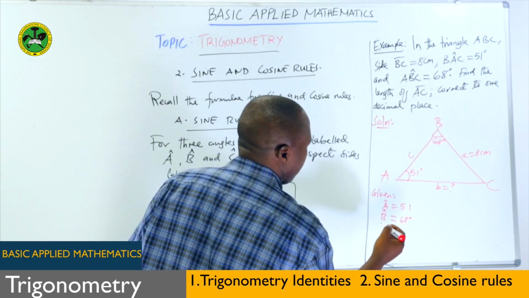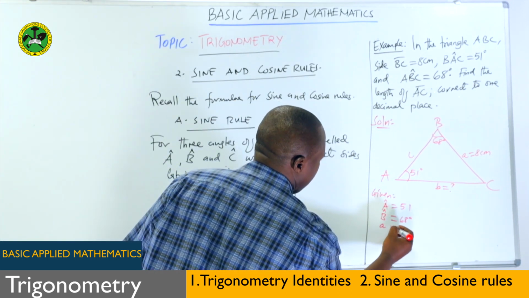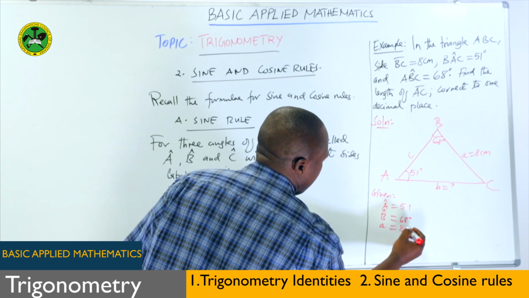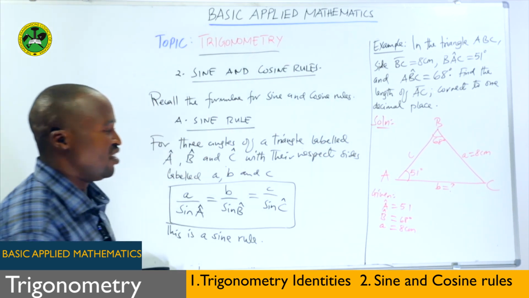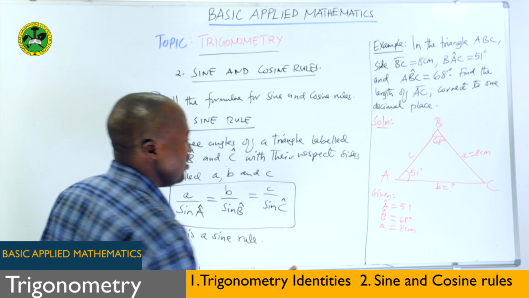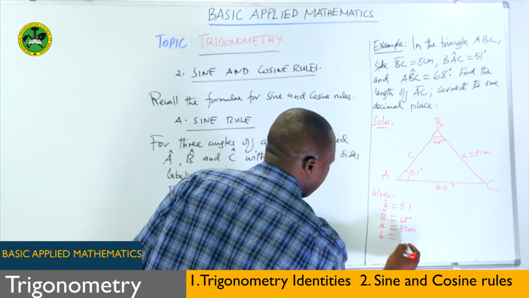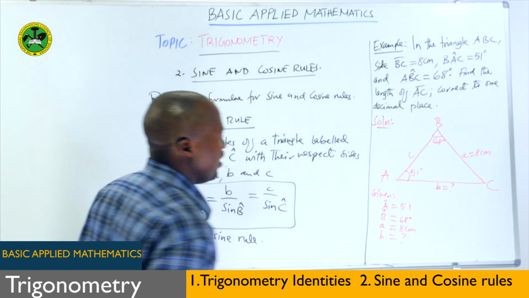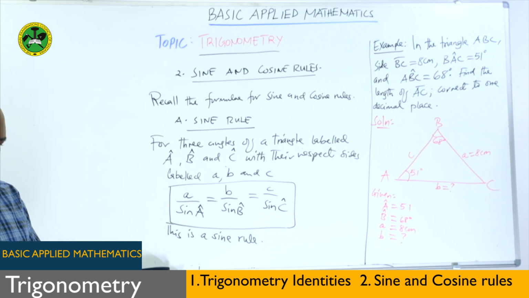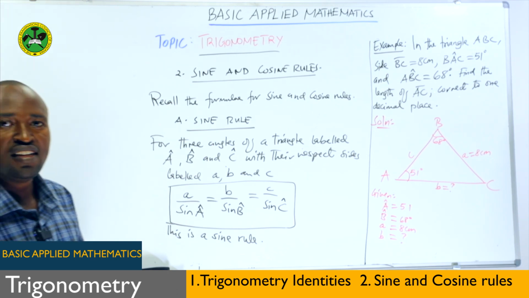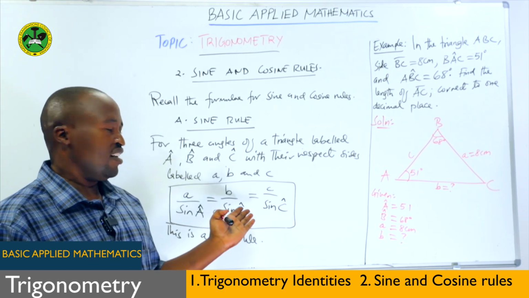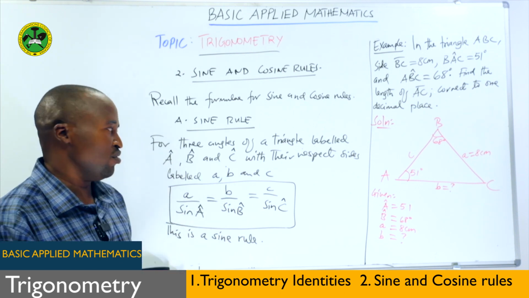And of course we have A equal to 8 centimeters. What is missing is B. You don't have B. Now let us recall the sine rule.